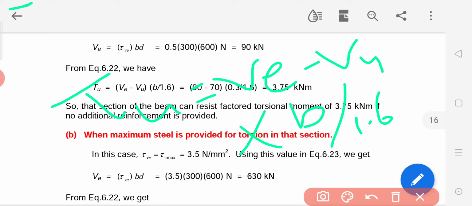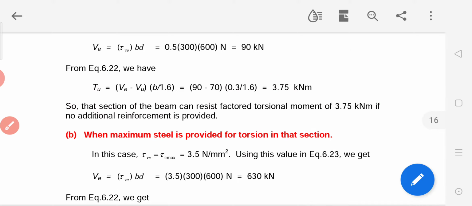We convert to meter, 0.3 divided by 1.6. So we get the value of Tu, which is 3.75 kilonewton meter. So that section of the beam can resist a factored torsional moment of 3.75 kilonewton meter if no additional reinforcement is provided. This is for the first case.